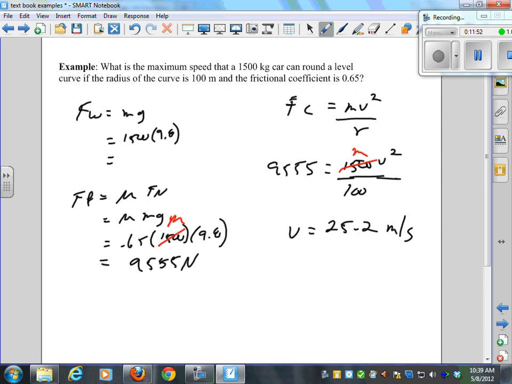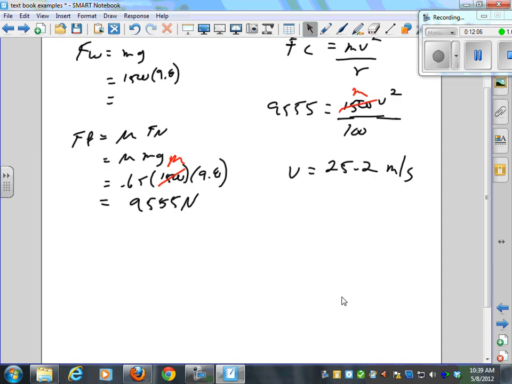Okay, well, give me the formula for the maximum V with no mass in it. V equals the square root of F. Let's look at it this way, right? We know these two things are equal to each other, right? We know that Ff is equal to Fc.